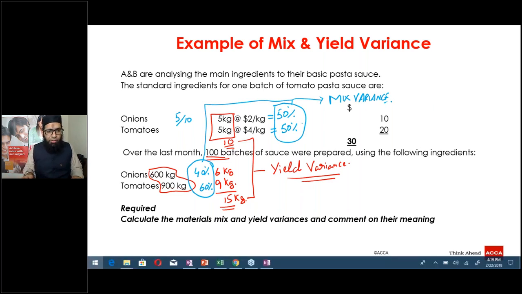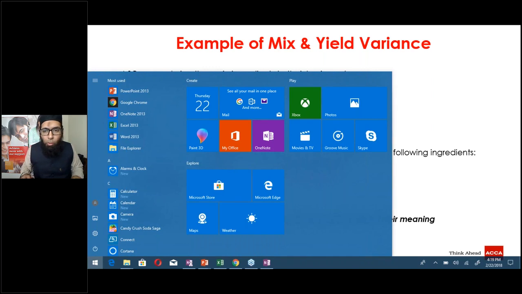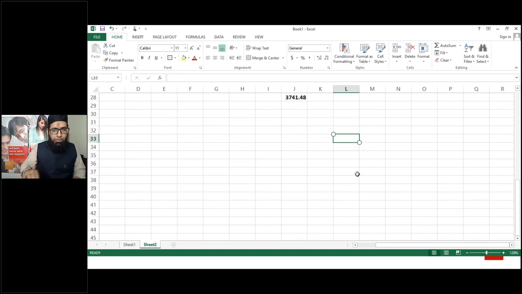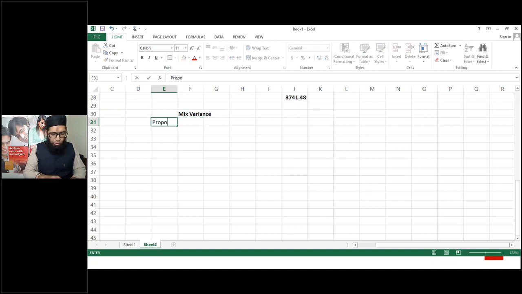So for this, let's open an Excel sheet. First of all, I will write the heading. Sorry, I should write that I'm calculating the mix variance. And my first heading will be proportion. Then material.